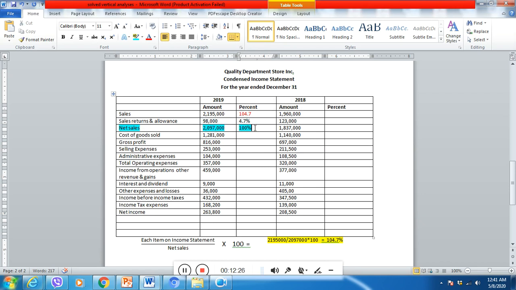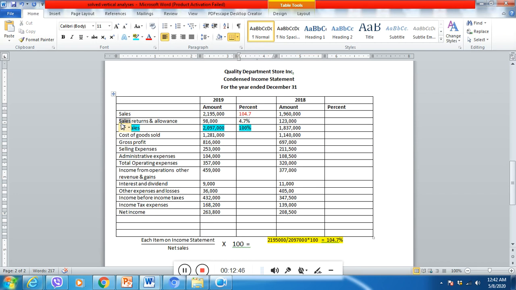If items come back to the company, the company gives the cash back to the customer. So this amount, 98,000, the company has given back to the customer. That is the reason we subtracted 4.7 from the total, and it becomes 100%.